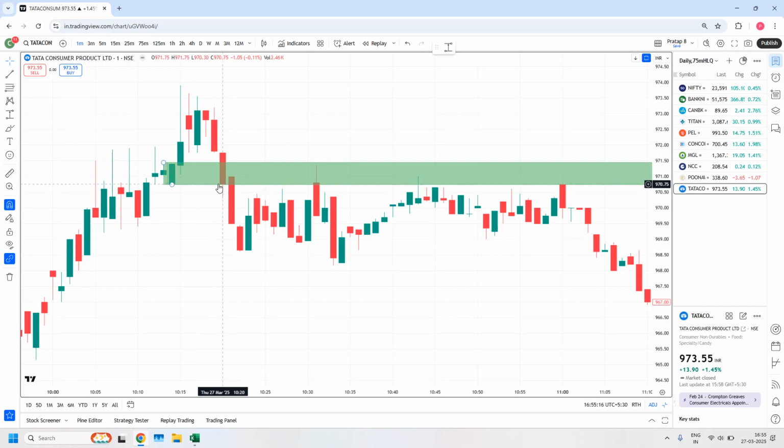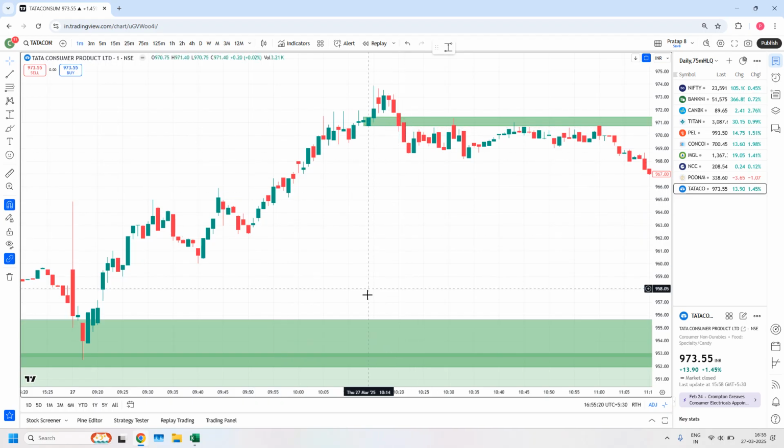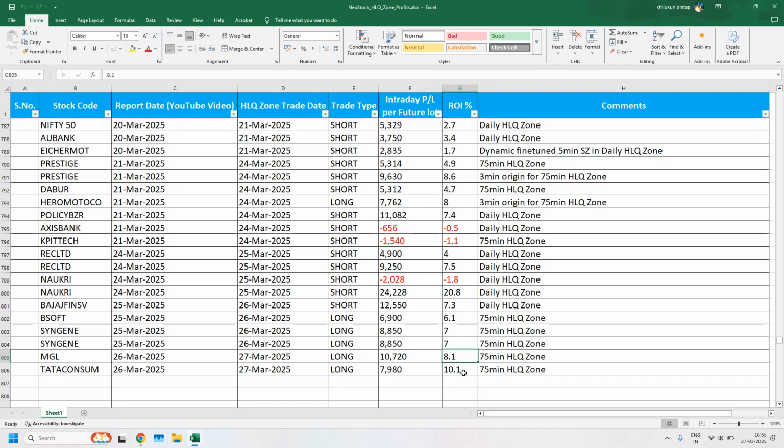Maybe you might have exited here, on this 1 minute zone. That way you would have booked the profit. With the 1 minute trailing stop loss, if you applied this approach, probably you would have got this much. This is the profit. Let me draw. One minute trailing.